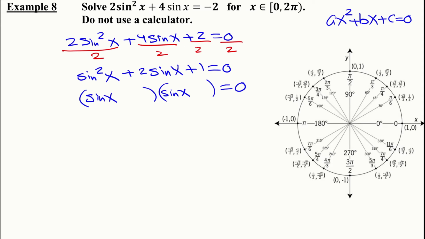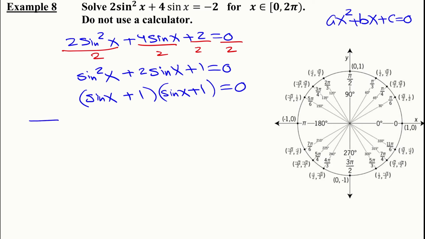So that should be simple enough, right? And there's positive signs all around, so we would think it'd be positive. The last thing we want to check, make sure the inner product, which is sine x, and the outer product, which is also sine x, add up to 2 sine x, and they do. So we have the correct factorization.